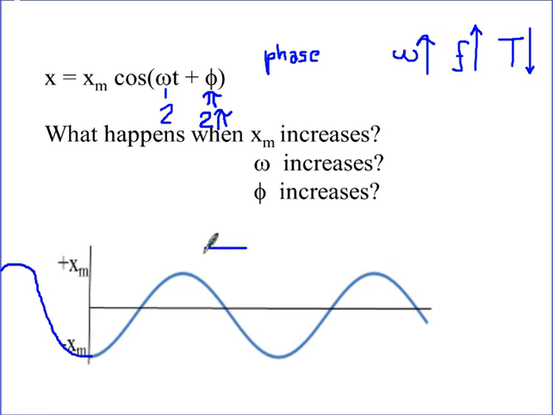So in fact, when you make phi, the phase constant, bigger, this curve goes back that way. That always seems counterintuitive to me, that it backs up when you increase the phase constant. But it just gets to all the places it was getting to at an earlier time. So it does back up when you make this constant bigger.